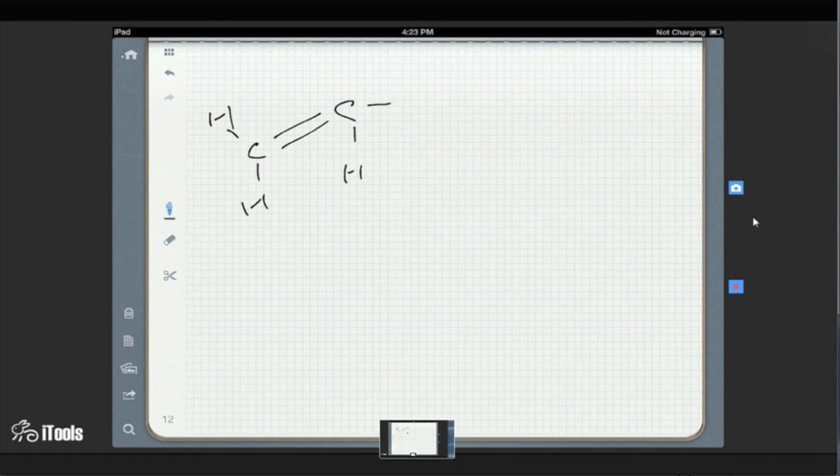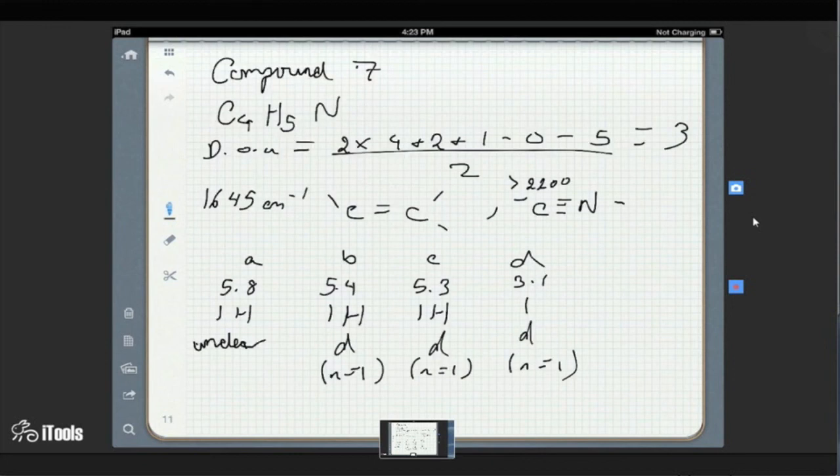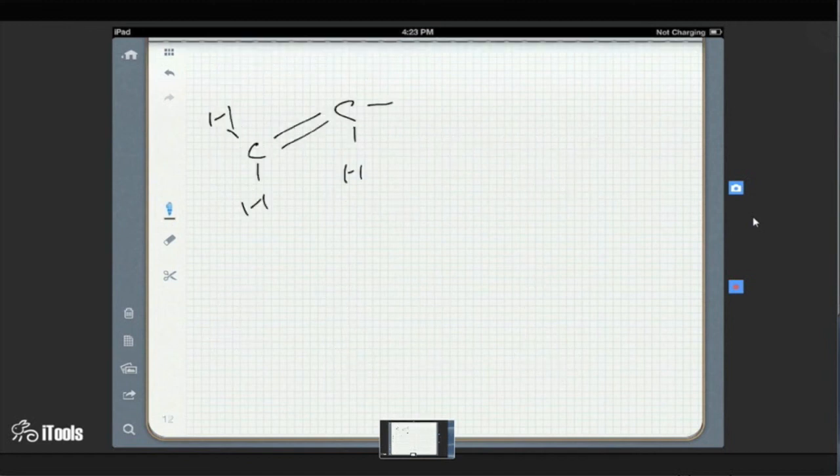Essentially 3 H's are different. From the nitrile, we use 2 bonds coming off the C of the nitrile, and then they're either H's or C's.